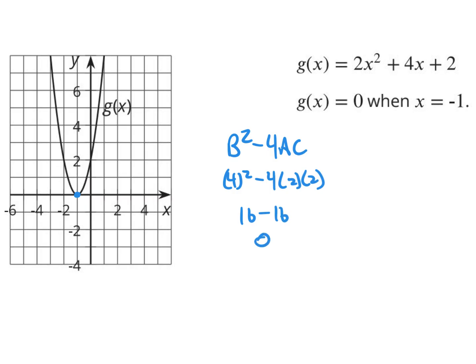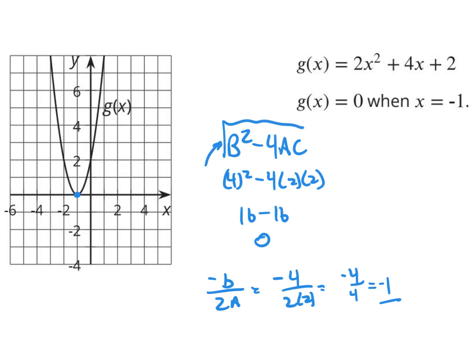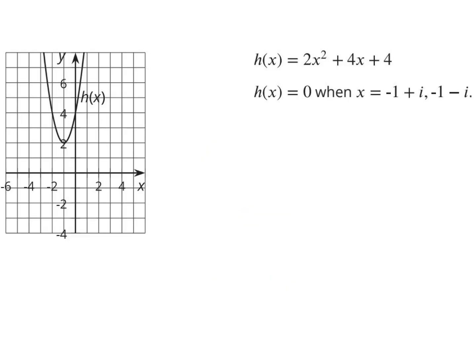So for the other part, negative b over 2a gives us negative 4 over 2 times 2, which gives us negative 4 over 4, which is negative 1. So that's the rest of the quadratic formula. This is the discriminant under the square root part, and negative b plus or minus this. So negative 1 tells us, because b squared minus 4ac is 0, negative 1 is the actual x-intercept.